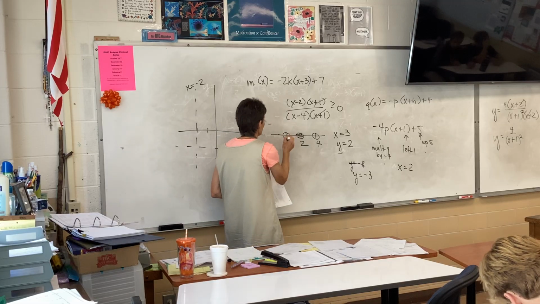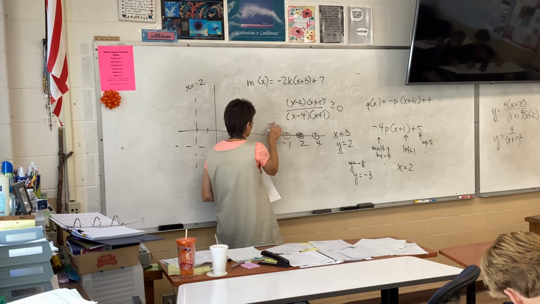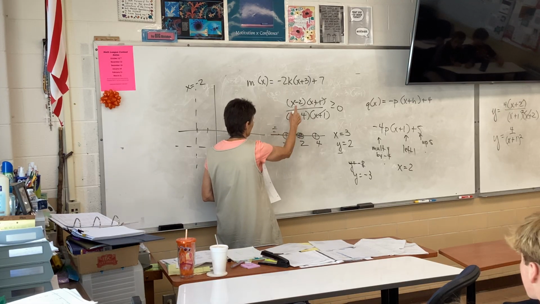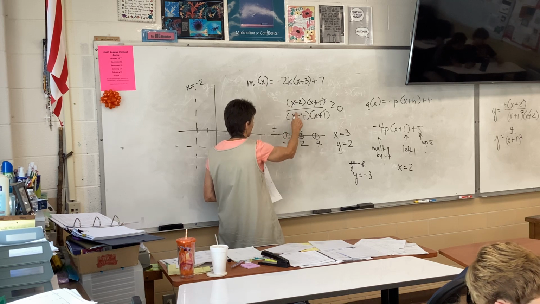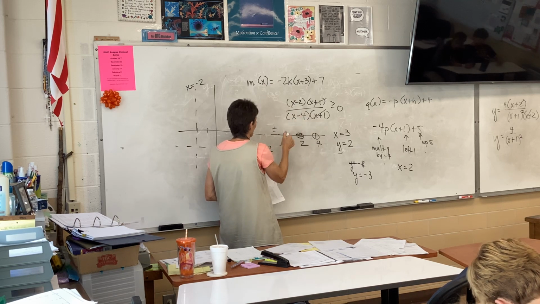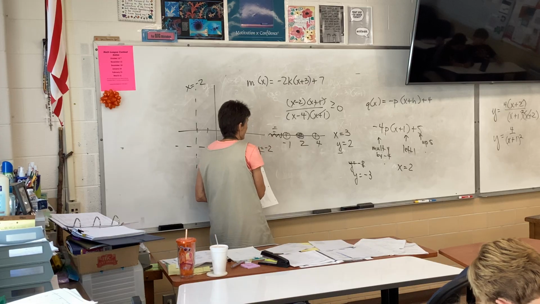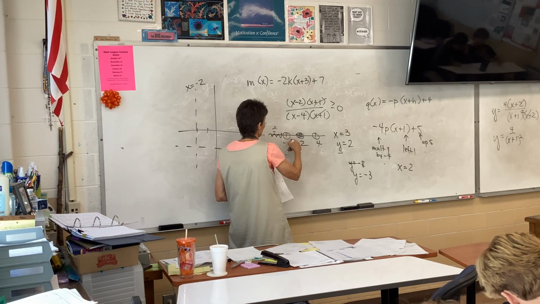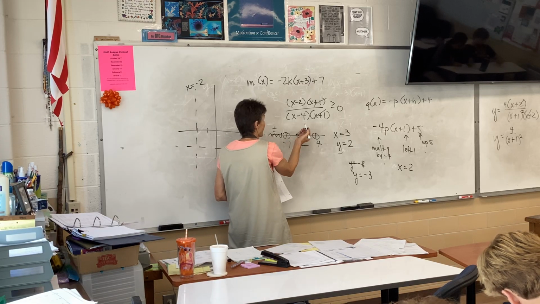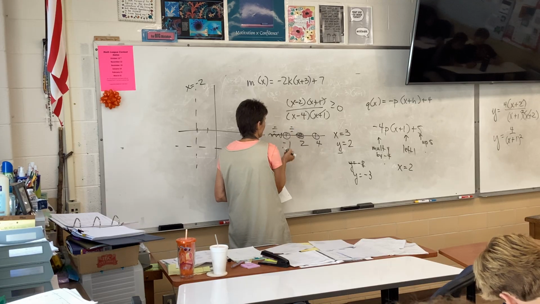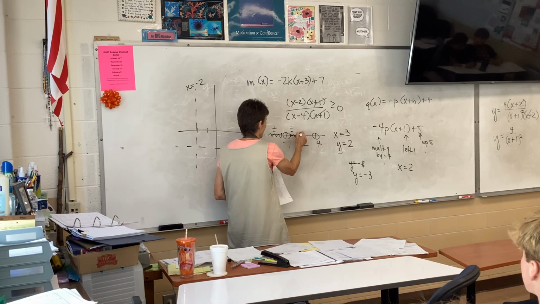So if I put in negative 2, I'm going to get negative over negative, which works. If I put in 0, I also get negative over negative. That works.